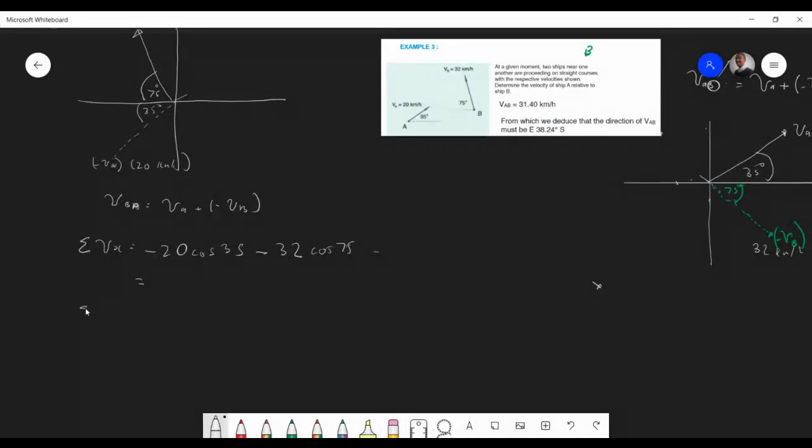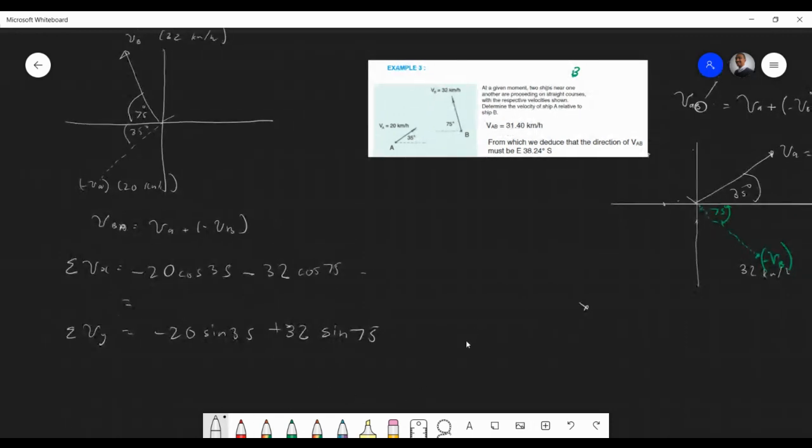Furthermore, sum of Vy, starting with A, is minus 20 sine 35 plus 32 sine 75. Be aware of the directions. Remember, X is negative in this quadrant: positive, positive, negative, negative.